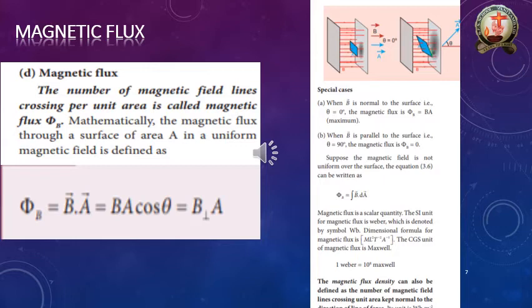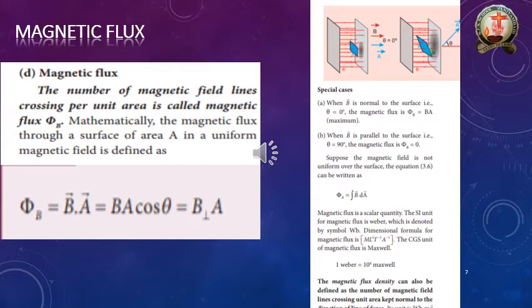That means magnetic lines are passing through unit area, correct? So magnetic field we denote as B, and area as A. So the product B into A. Okay, so magnetic flux phi suffix B is equal to B bar dot A bar.